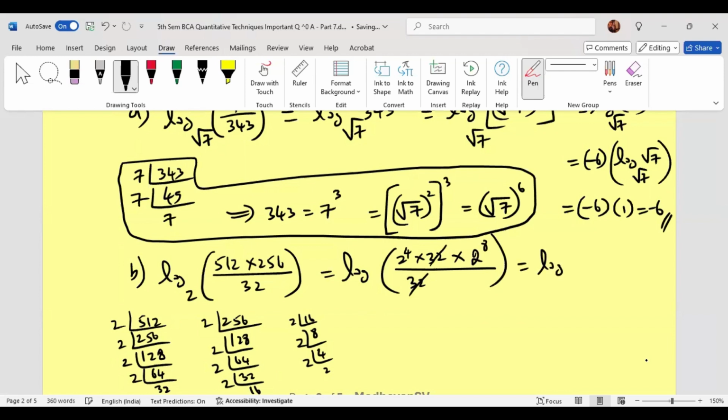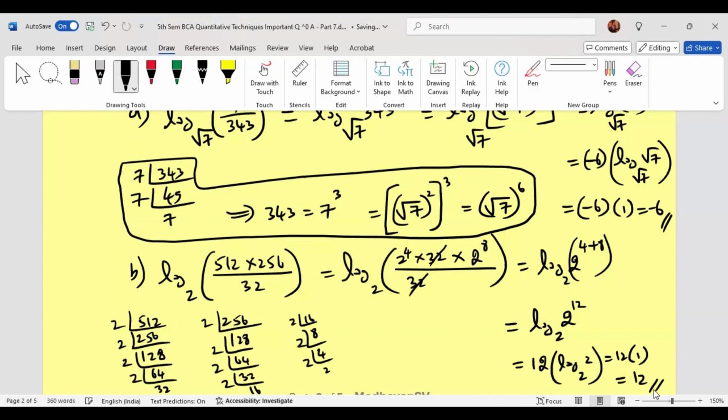We get logarithm of 2 to the power of 4 plus 8 to the base 2. That is logarithm of 2 to the power of 12 to the base 2, which can be written as 12 times logarithm of 2 to the base 2. So the result is 12 into 1, which is 12. So that is the solution for this question.